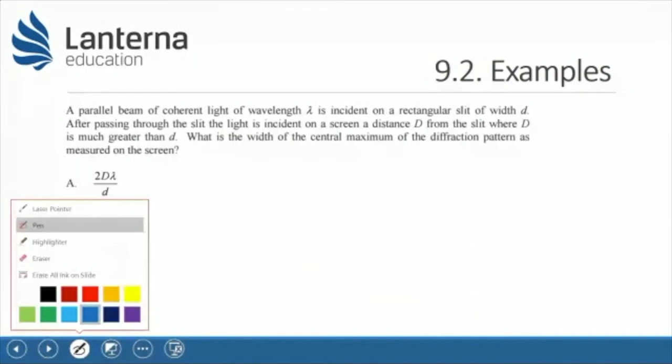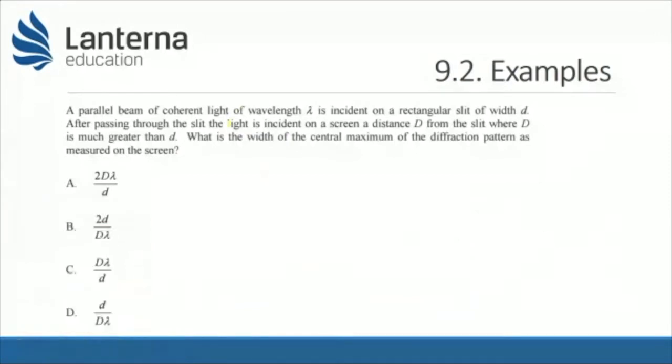Now we've got a parallel beam of coherent light of wavelength lambda, incident on a rectangular slit of width b, and the screen that it's shone on is a distance D away, where big D is much greater than little d. What's the width of the central maximum?